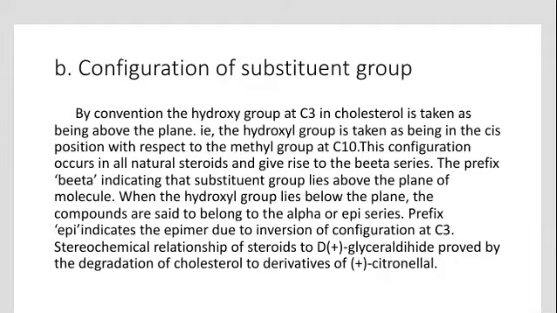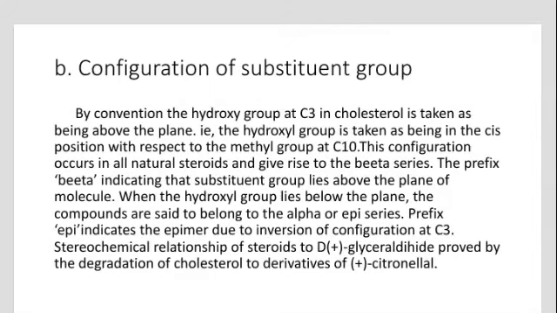Now let's check the configuration of the substituent group in the structure of cholesterol. By convention, the hydroxy group at the 3rd carbon in cholesterol is taken as being above the plane. The hydroxyl group is taken as being in the cis position with respect to the methyl group at the 10th carbon.